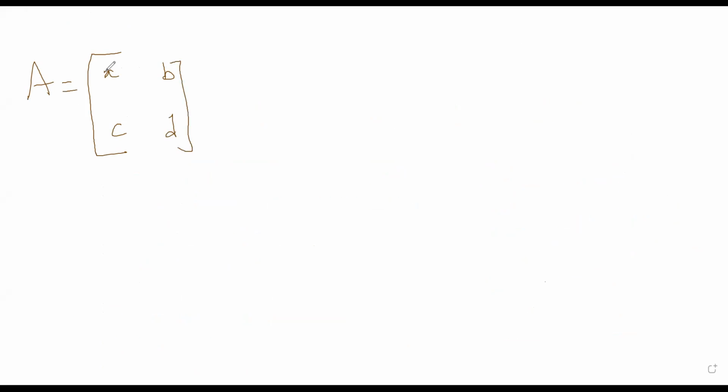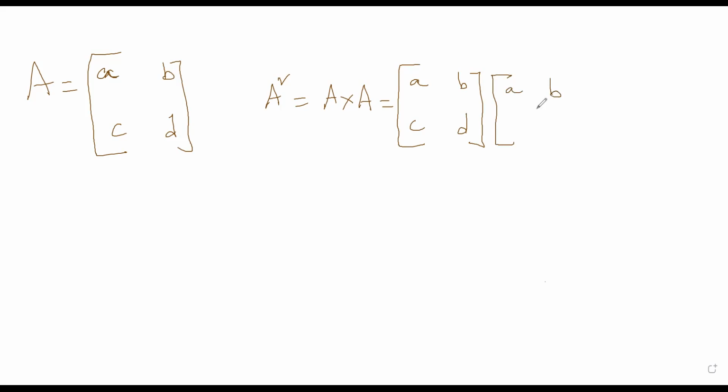Okay. So let's try A square. A square is actually A times A. So what do we do? A, B, C, D, that is multiplied with A, B, C, D. So how do we carry out the multiplication? A square, I said, is applicable only for square matrices.